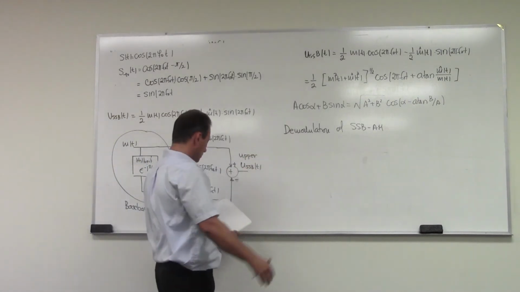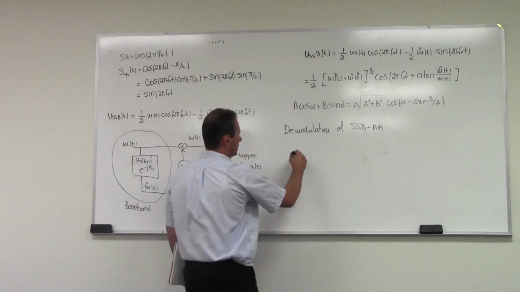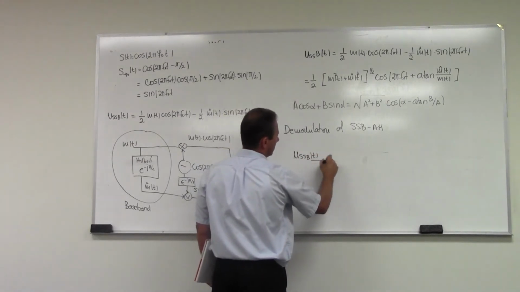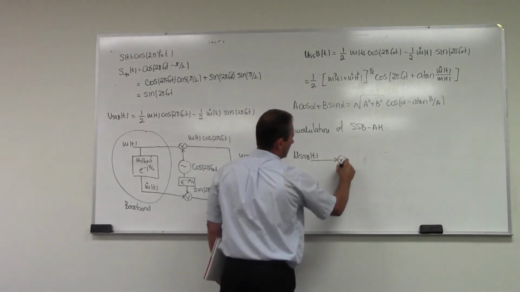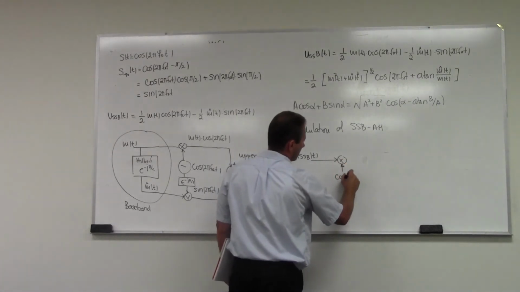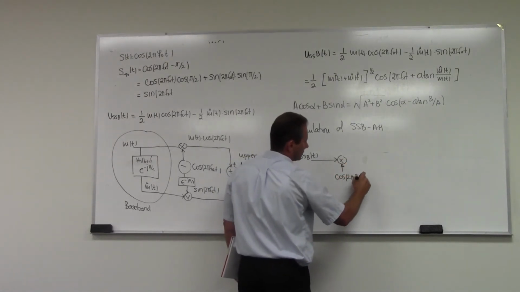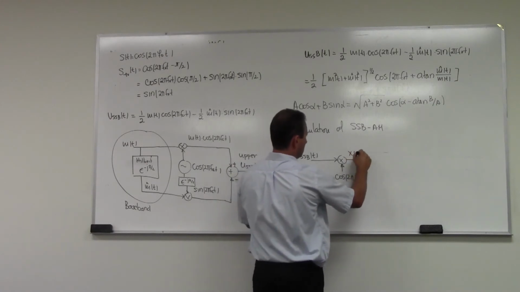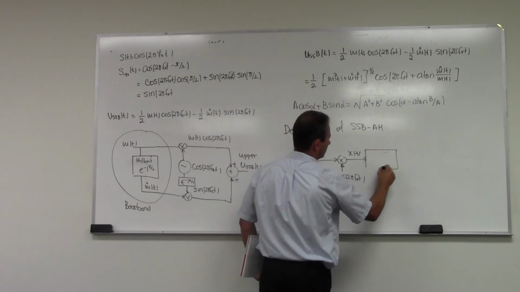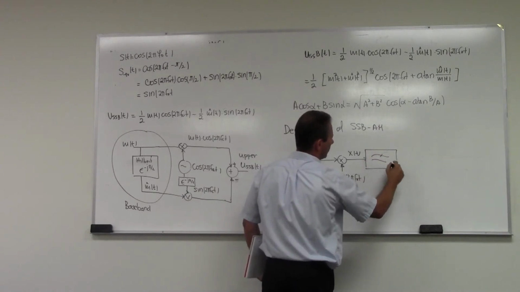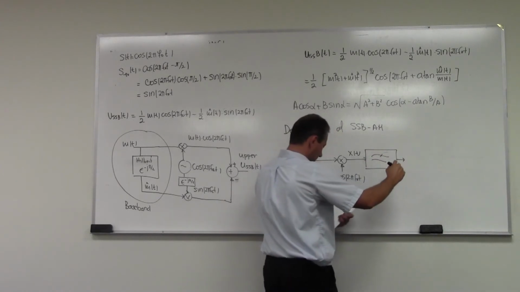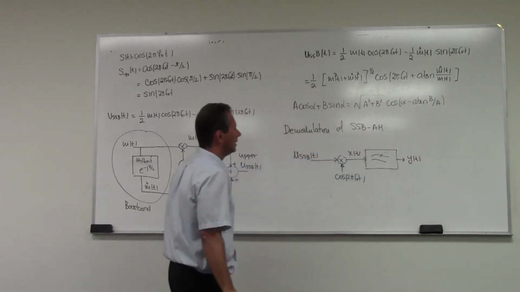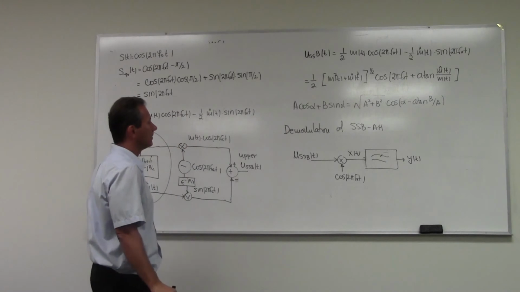But going back here to understand how you would demodulate, you would take the single sideband signal, and let's for right now try this. I'm going to multiply this by cosine 2 pi f_c t, get my signal here that I call x of t, and then try to do some filtering in the hope that I get back my, let's say, y of t, and we'll see what that y of t is and how I get my signal back.